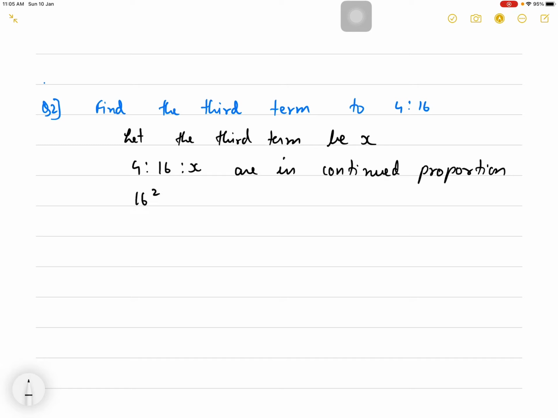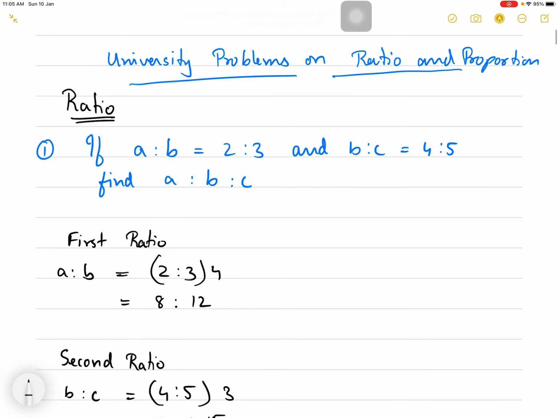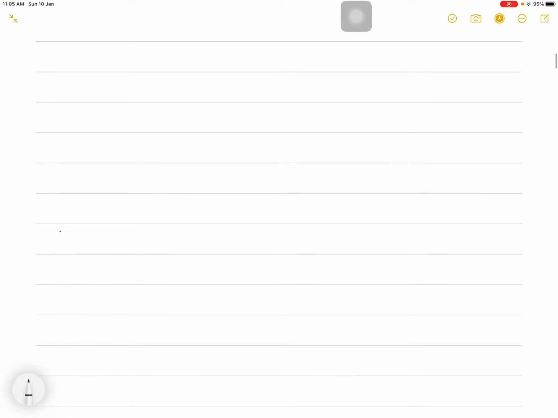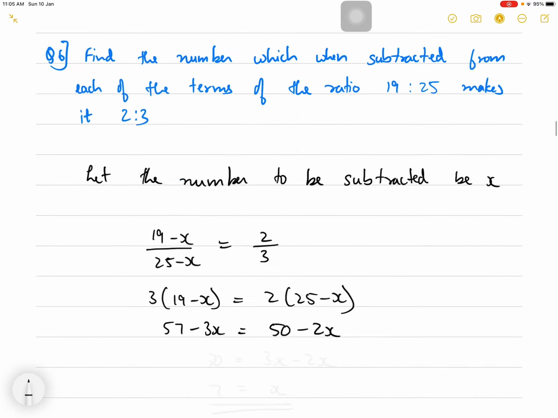So that means 16 square is equal to 4x, because b square is equal to ac. Oops, my apologies.